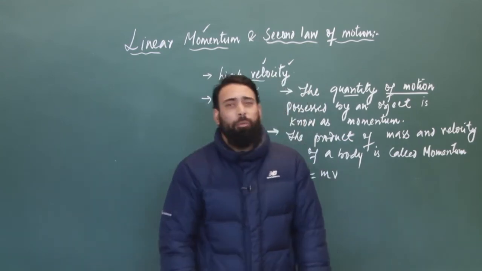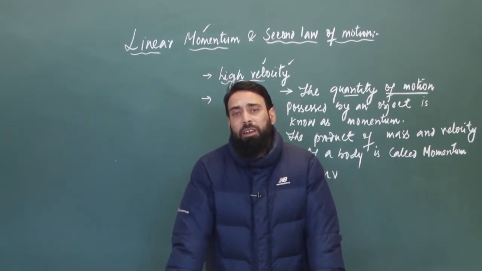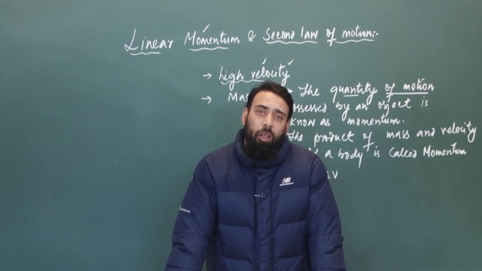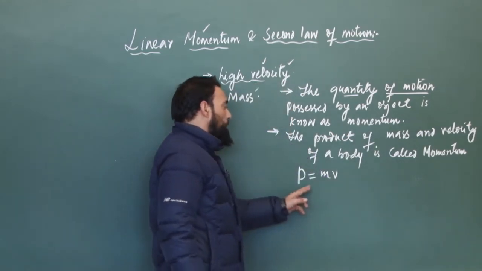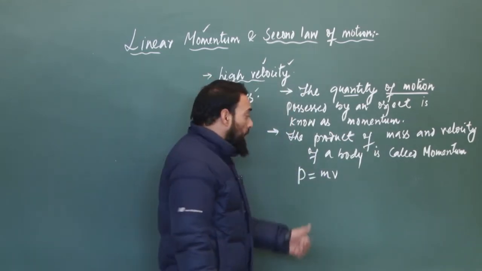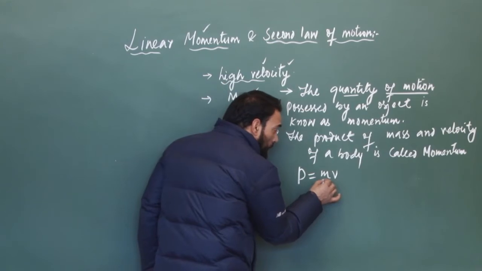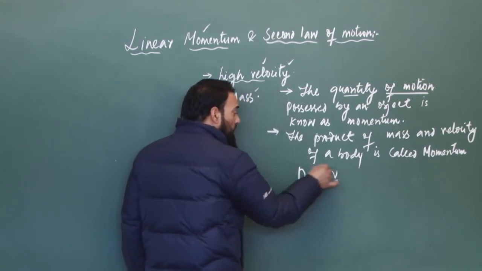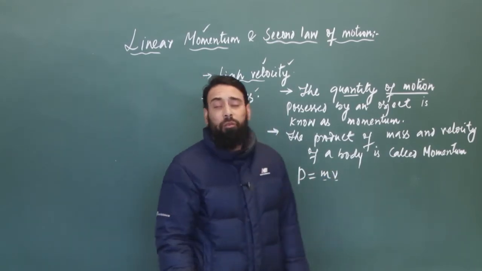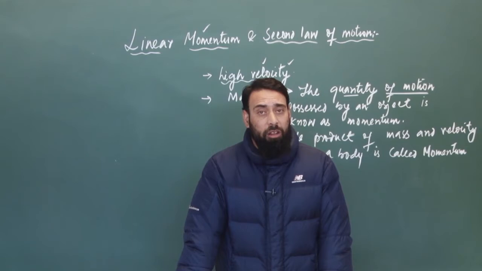As far as the unit of this momentum, or linear momentum, is concerned, we can use the relation P is equal to mv, and substitute the units of mass and velocity in this relation to find out the units of the momentum.